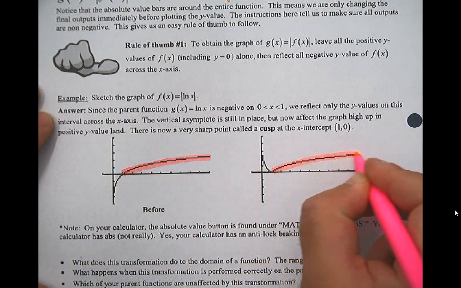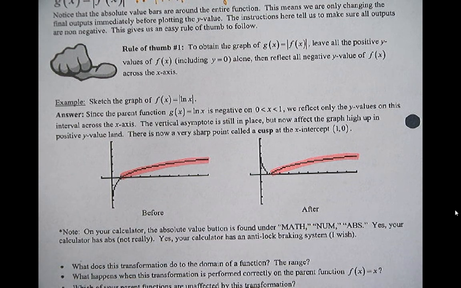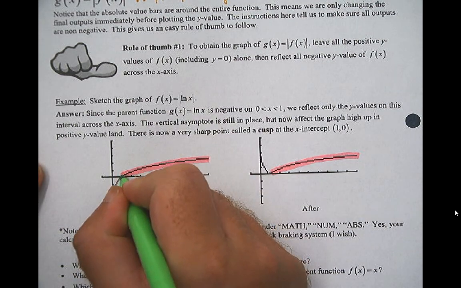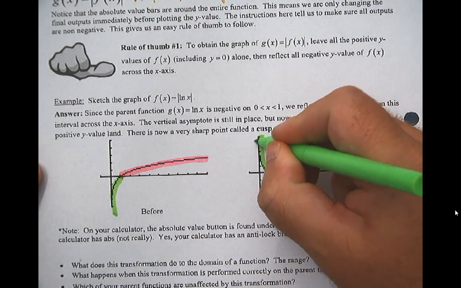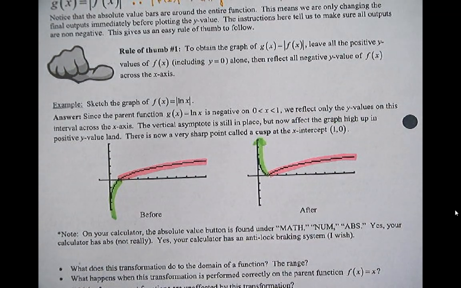Positive stayed positive, but all the y values that were negative, which are all of these down here, are going to flip up and become positives. So if you absolute value a function, draw the parent function, and anything below the x-axis, anything with a negative y value, is going to flip up to the top.